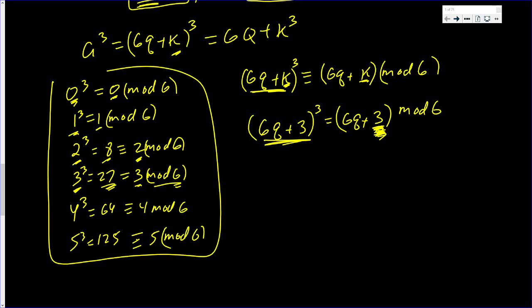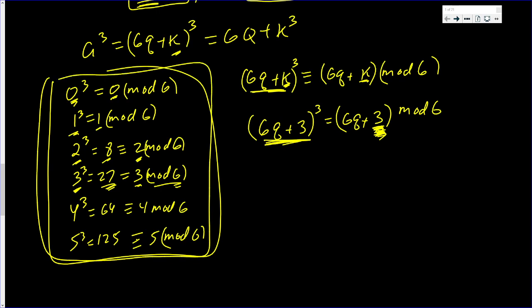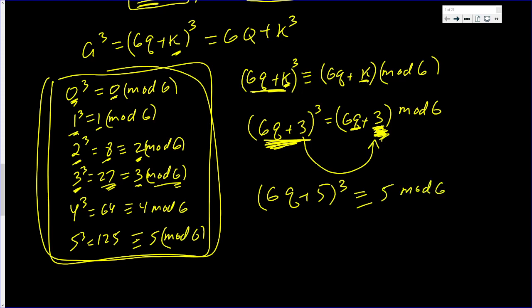But I don't want to get back 3. I showed over here why the remainder will be 3. But I don't want to get that back. I want to get this back. So I add 0. 6 cubed plus 5 cubed. Yes, 100%. It equals to 5 mod 6.